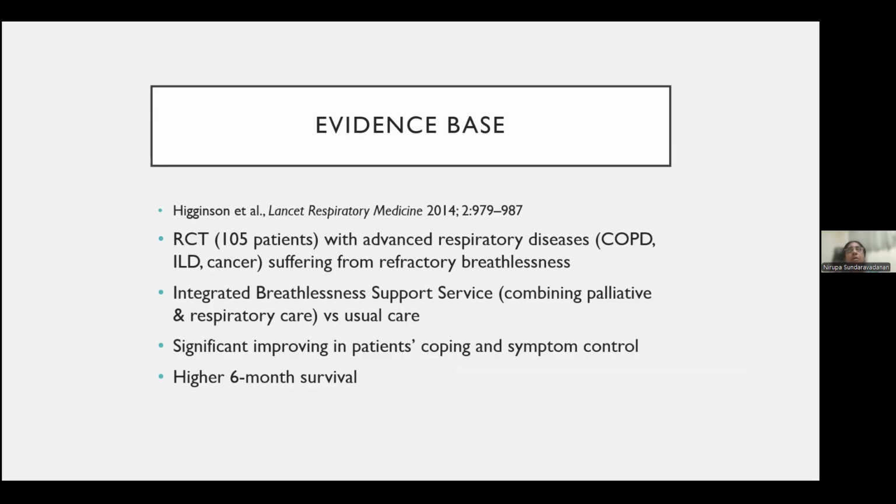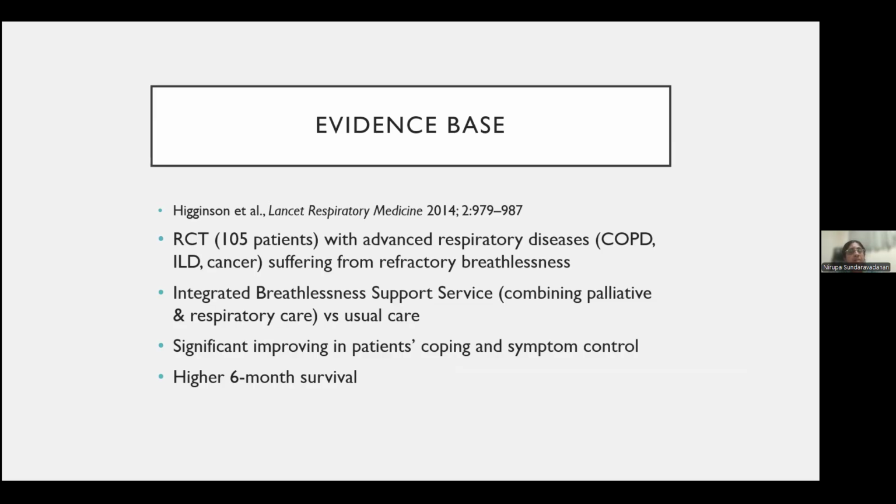Breathlessness that was chronic and progressive, because they had chronic progressive diseases which were not reversible. So they divided these patients into two groups, and to one set they gave the usual care. To the other set, they gave something called integrated breathlessness support service.